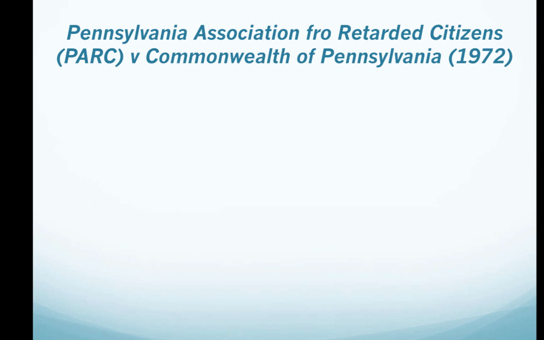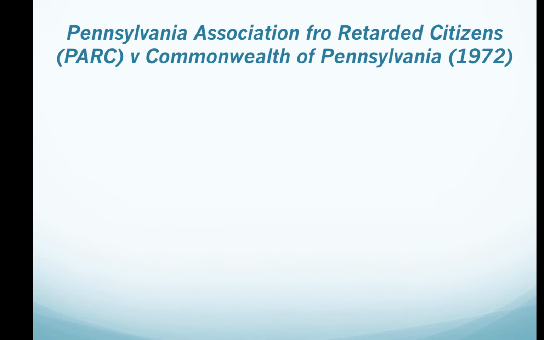Pennsylvania was refusing to let students with intellectual disabilities come to school unless they met a 5-year-old mental age standard, which we know the mental age standard is arbitrary at best, not a very valid assessment, etc. And so the zero reject policy of IDEA came from this right here.